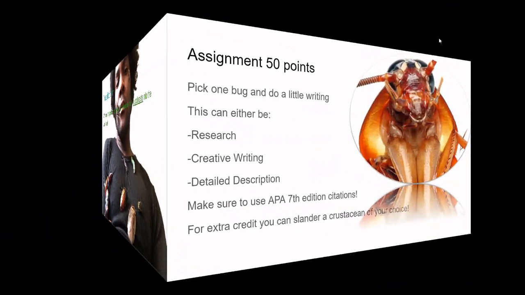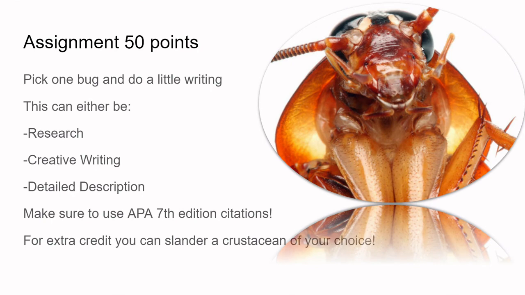Finally, we have your assignment that's due within, we'll post it later, but what I want you to do is pick one bug and I want you to do a little writing. This could be about pretty much anything. It's up to you. So you can either do research, so you can look up a bug and kind of explain what's going on with the bug. You can do some creative writing.